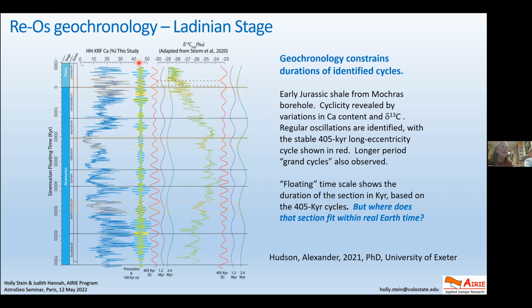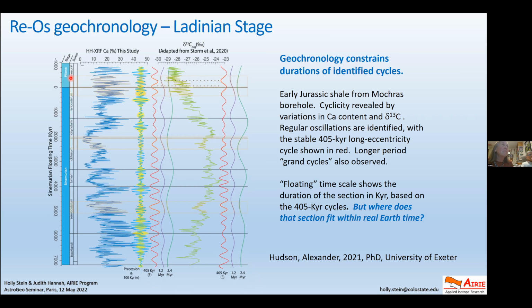Cyclicity can be teased out of these records. And this red line, for example, shows the 405,000-year long eccentricity cycle. And there are some longer period cycles as well that can be teased out of this. The challenge with this kind of astrochronology is that what we get is a floating time scale.